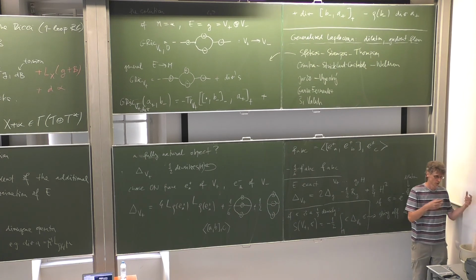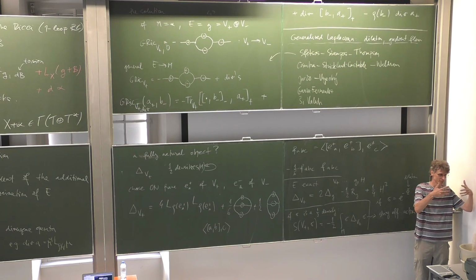I said that we take those two H's and then contract the indices using the metric, using G.